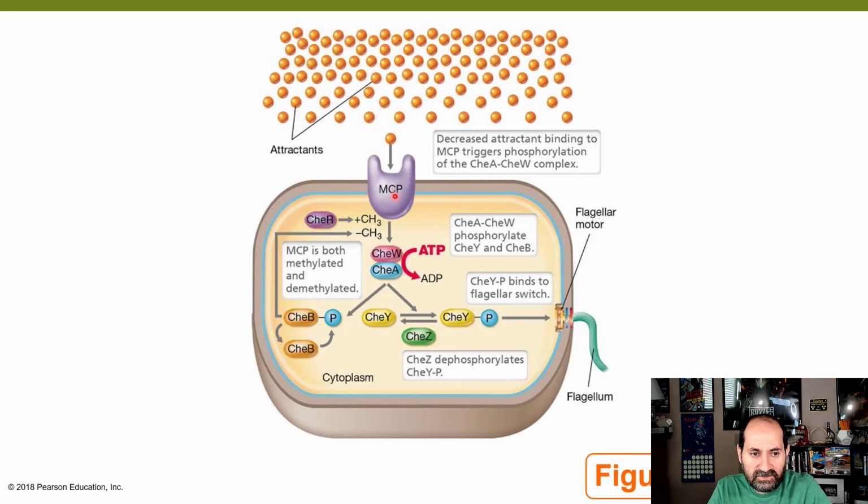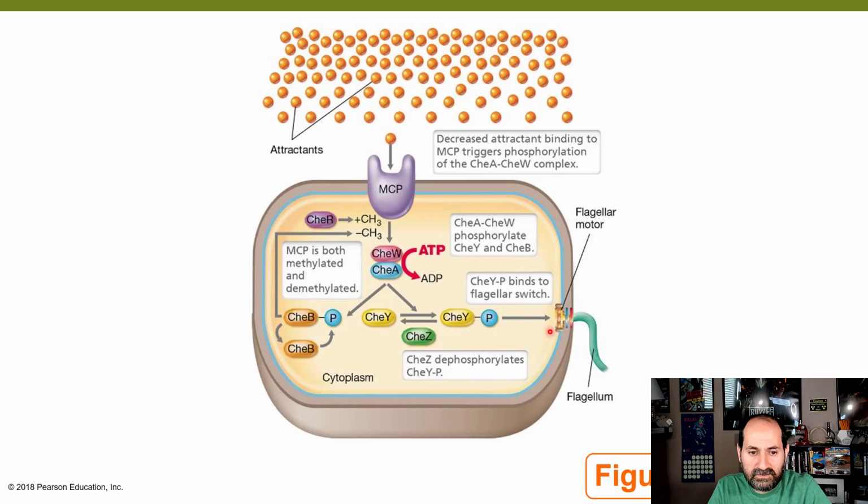So this results in CheW and CheA getting phosphorylated. CheA, CheW phosphorylation results in phosphorylation of CheY. So MCP doesn't bind as much attractant, CheA gets phosphorylated, and this results in CheY getting phosphorylated. So now you've got phosphorylated CheY.